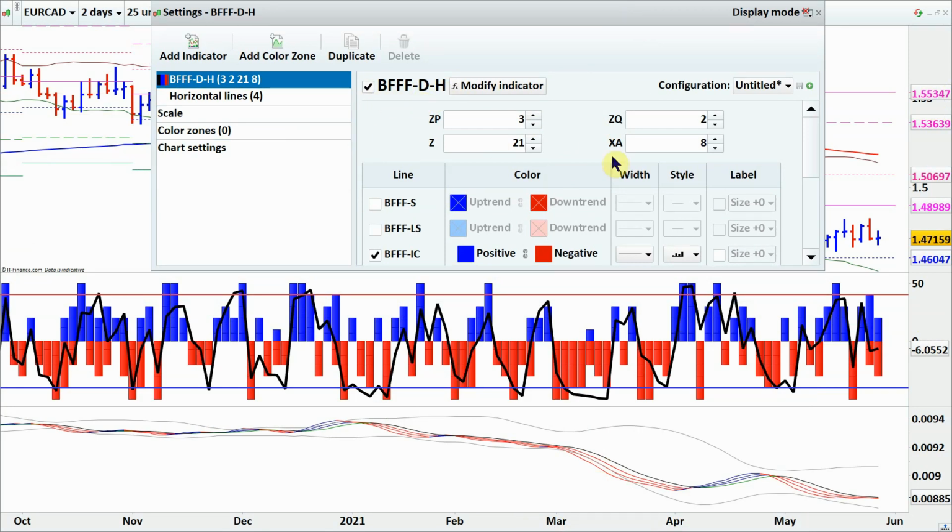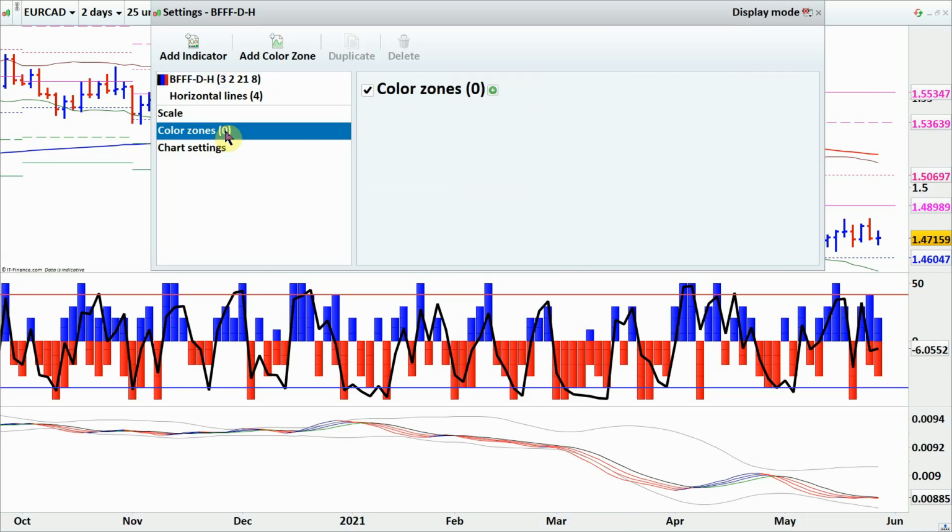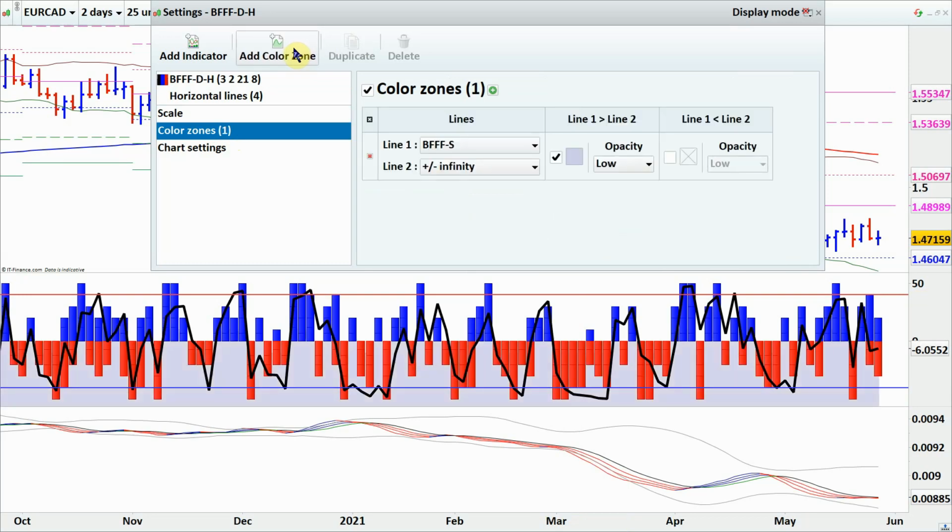Did you get this? Then go to color zones, and add color zone.